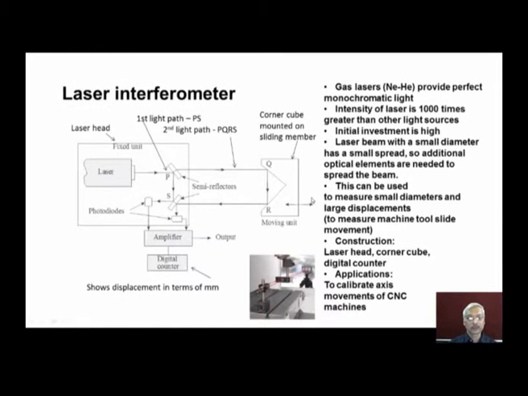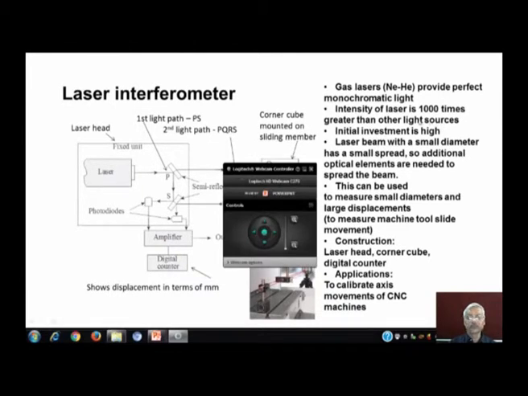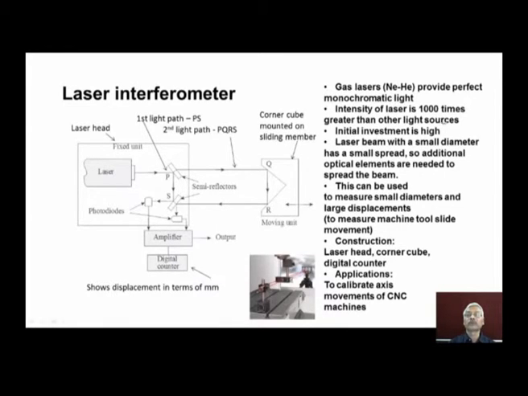Now let us start the discussion on laser interferometer. Nowadays laser is used in the interferometer. Normally, the gas lasers consisting of helium, neon provide perfect monochromatic light, and we can have an intensity 1,000 times greater than the other light sources, so that we can observe the fringes in a better fashion.